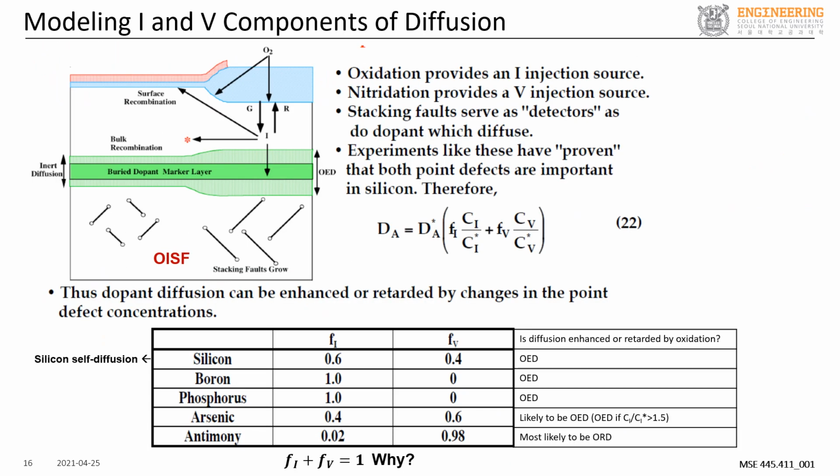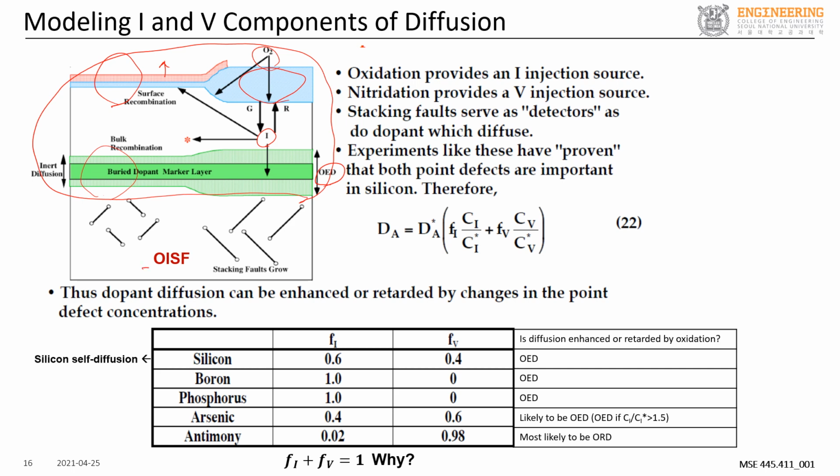So how do you actually model it? We talked about this already in oxidation, right? You are doing oxidation in here. It generates a lot of interstitials, and then this diffusion is enhanced. But in here, it's not oxidized because it's covered with a nitride, so not that many interstitials. So you will just get a regular diffusion here.